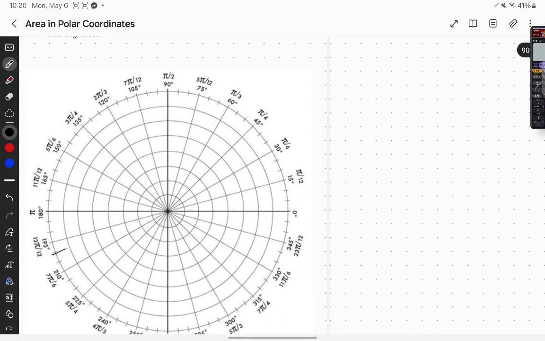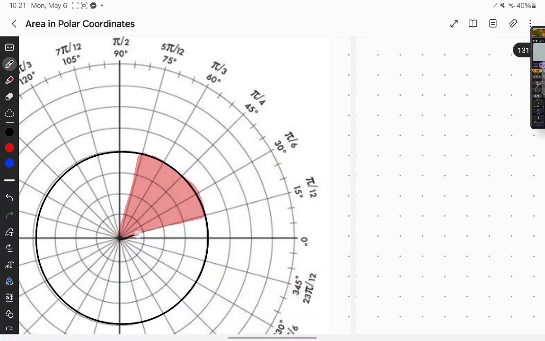So let's say we have to take the area of a circle like this one, but we are only tasked to take the area from here to here, wherein we are given radius r.